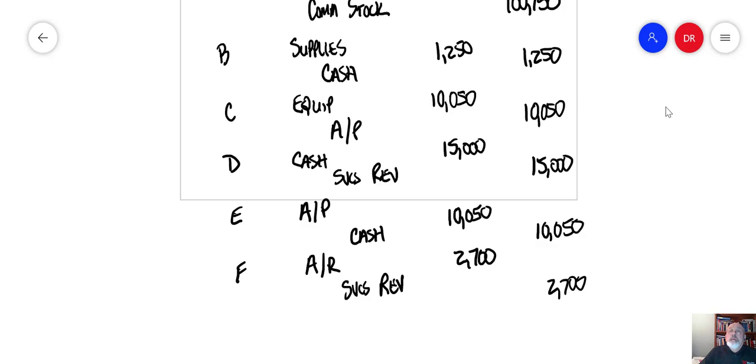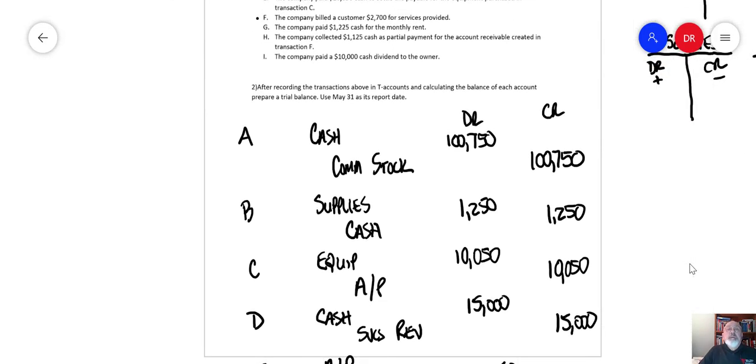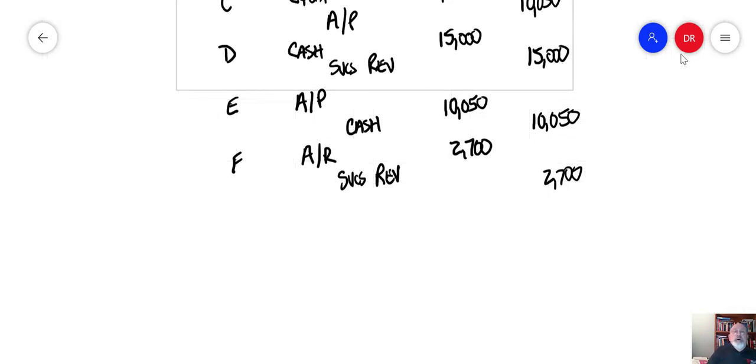Okay, and then we go back up here. We look at letter G. We paid $12.25 for the monthly rent. So we're going to go back down here. What kind of account are we increasing? Well, we're increasing the rent expense account. So we have a debit to rent expense because that's what increases that account.